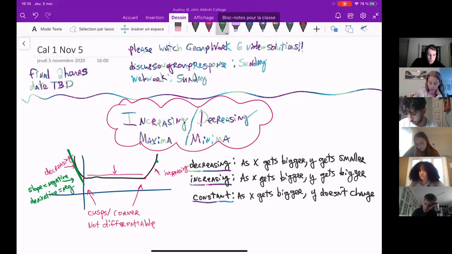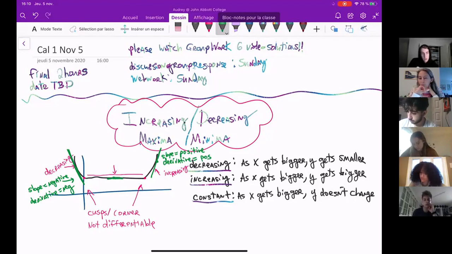What about over here where it's increasing? What's the slope of that tangent line? Is it positive or negative? Positive. So the slope is positive, which means that the derivative is positive. And then what about here when it's constant? What's the slope of that little green line right there? It's 0.